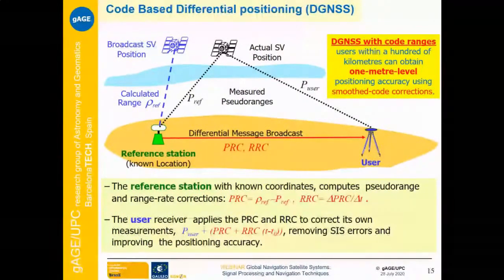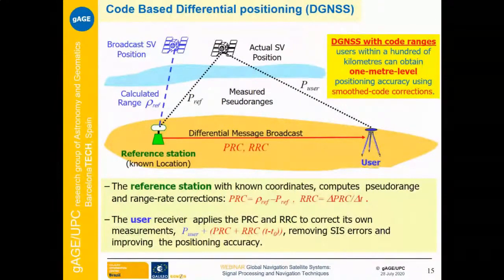Here, the key idea is that we have a reference station with known coordinates. We precisely know where this station is. And we have a nearby user, shown in blue.